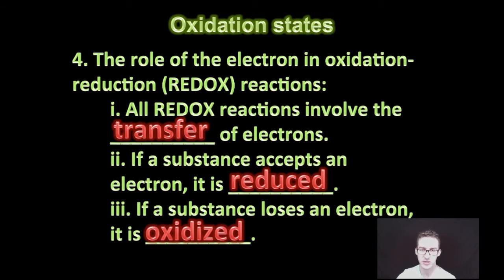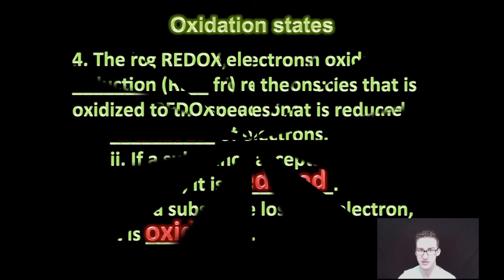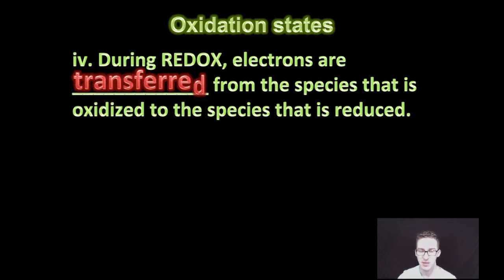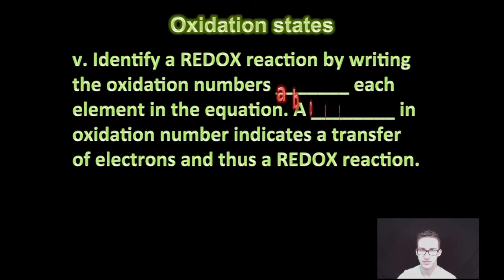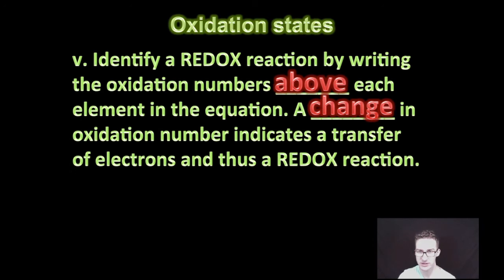If a substance loses electrons, we say that it's been oxidized. Again, during redox reactions, electrons are transferred from the species that is oxidized to the species reduced. And we can identify a redox reaction simply by writing the oxidation number above each element in the equation. And anytime we have a change in oxidation number, it's going to indicate for us that we've had a transfer of electrons, and thus we've had a redox reaction occur.